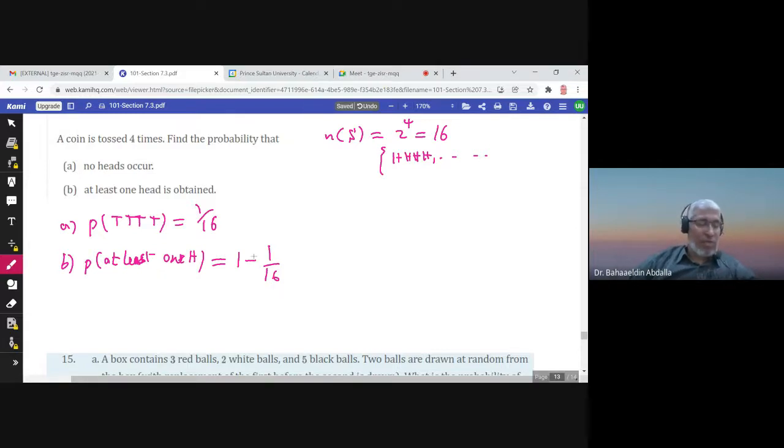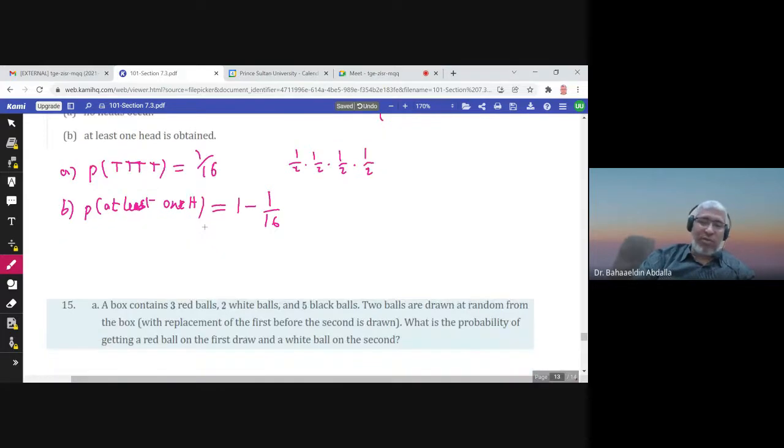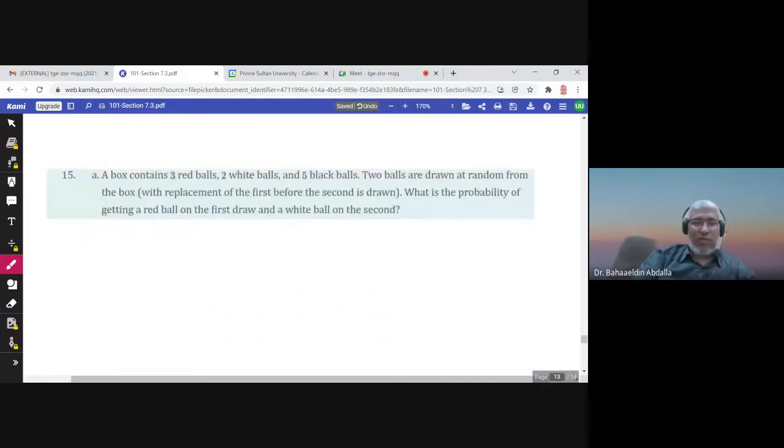And that's important to pay attention to: at least one head. You can also find the probability in A by saying that it is 1 over 2 times 1 over 2 times 1 over 2 times 1 over 2, because getting a head each time is independent from the other. So you are multiplying 4 times, or just it's 1 over 16.